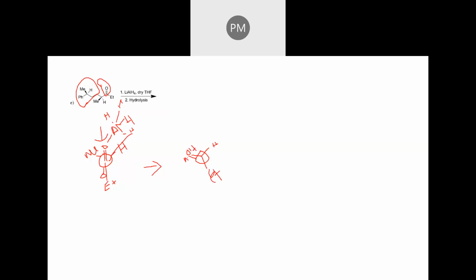And there is methyl. And the long group I have placed like a square. So from this reaction, the product will be looking like this.